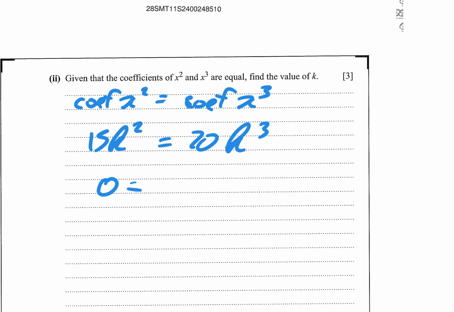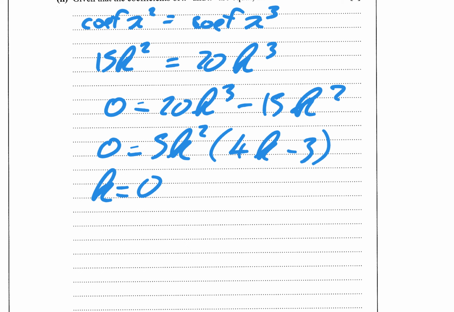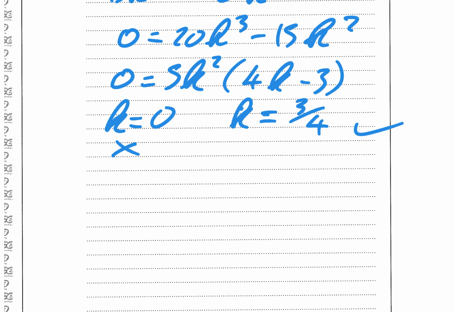Bring it all to one side, you'll have 20k cubed minus 15k squared. Factorize: I could pull out a 5k squared, and that'll give me 4k minus 3. So k is equal to 0, which isn't going to work, or 4k equals 3, so k is equal to 3 over 4, which is what we're wanting.